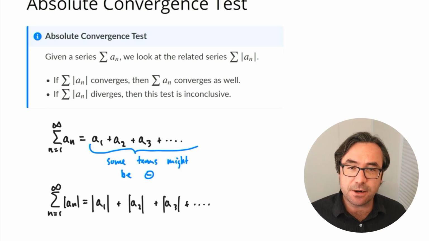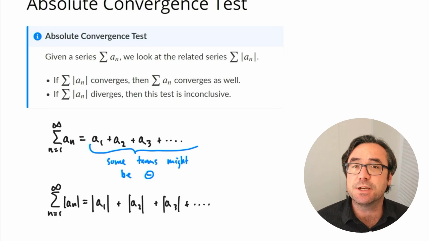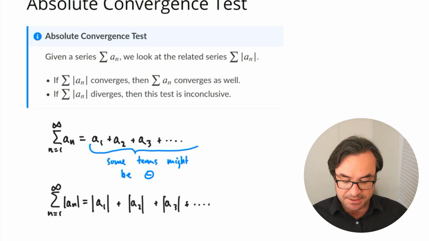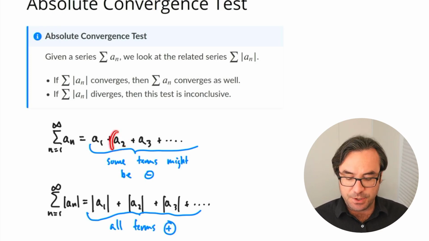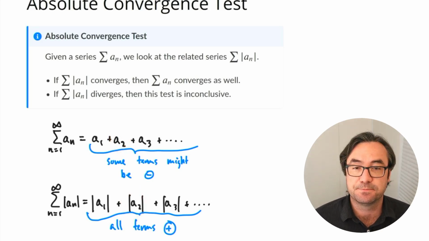So what happens here is with this new series, all of these terms are going to be positive. If a2 was negative in the original series, when we take the absolute value of that, it's going to be positive.